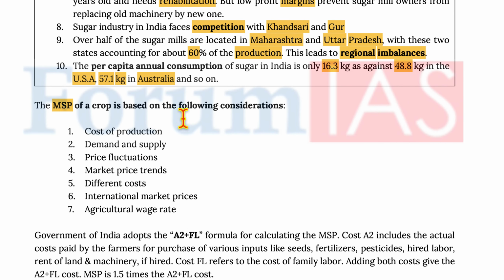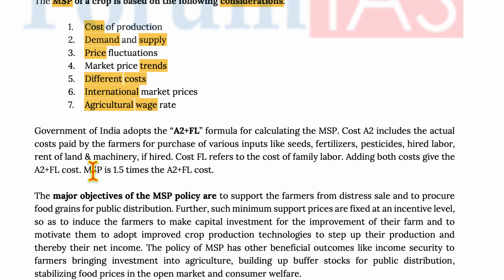The MSP of a crop is based on following considerations: the cost of production, demand and supply, price fluctuations, market price trends, different costs, international market prices, and agricultural wage rate. Now, Government of India adopted A2 plus FL formula for calculating MSP.